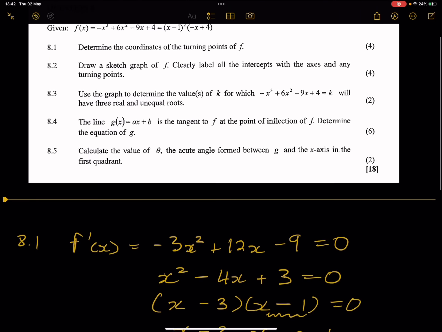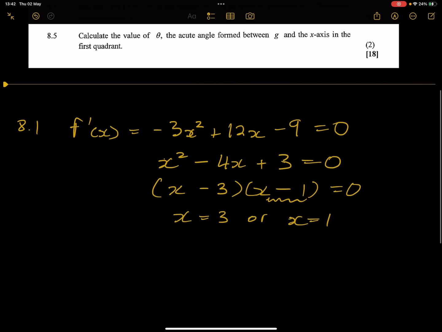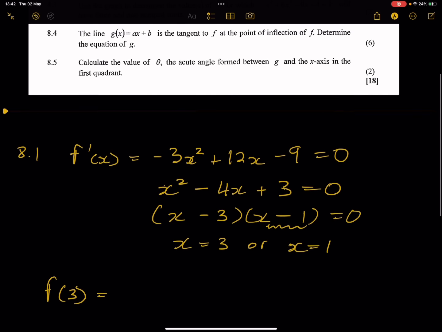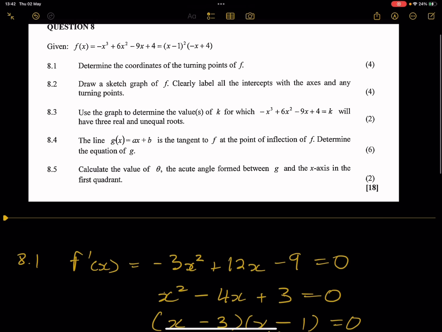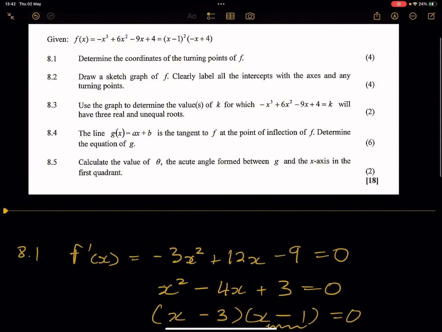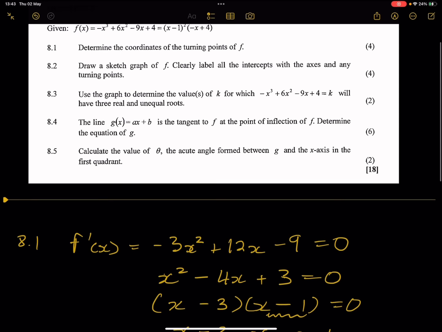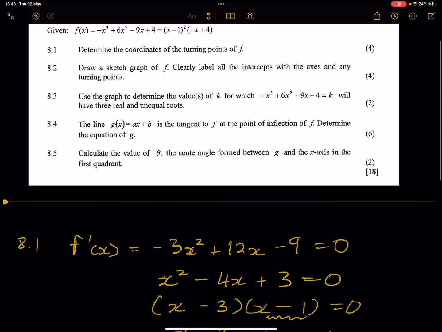Which means that we also need to find the y value. Now, please remember, for the y value, I'm going to substitute into the original equation. So I'm going to take f of 3 as well as f of 1.